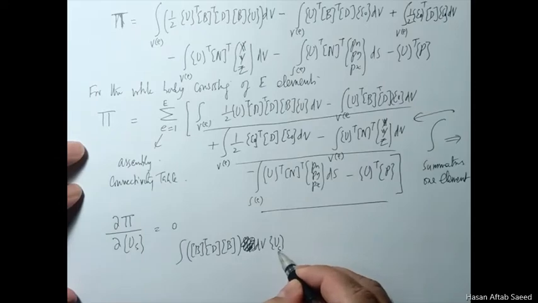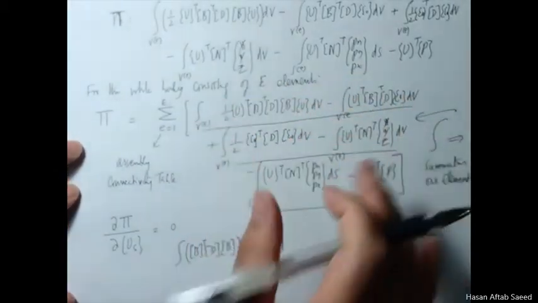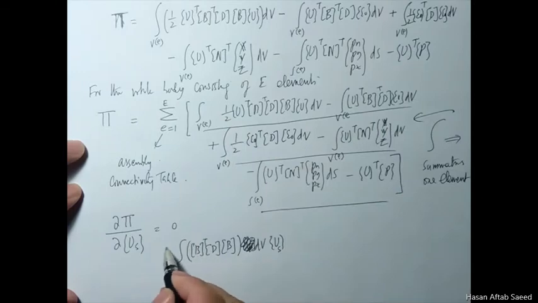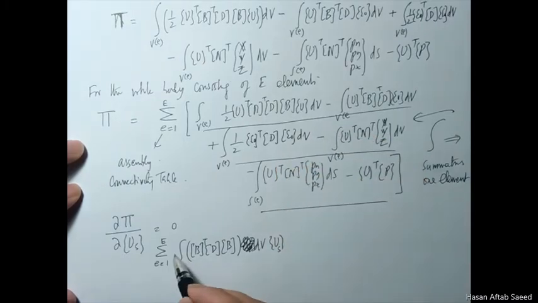And this u will become u of the system. Why? Because we would have assembled this whole thing. Because we are talking about elements 1 to e, this u will not be here. This was just an elemental u matrix. Here it will be the matrix of u of the whole system. We're talking about the whole system here.